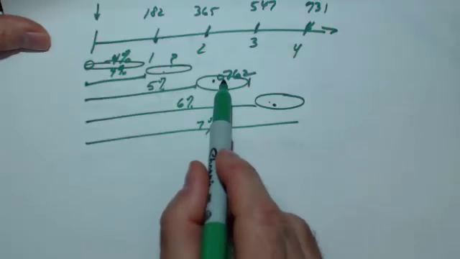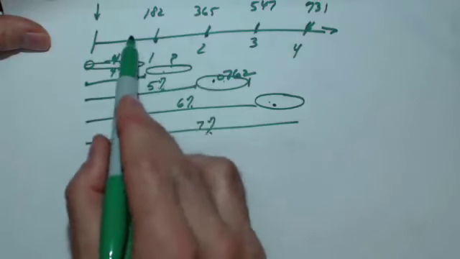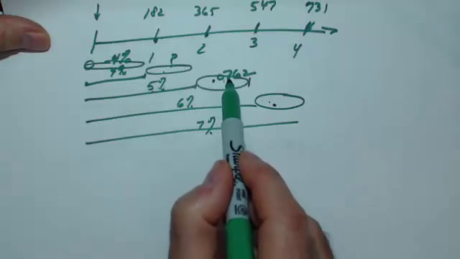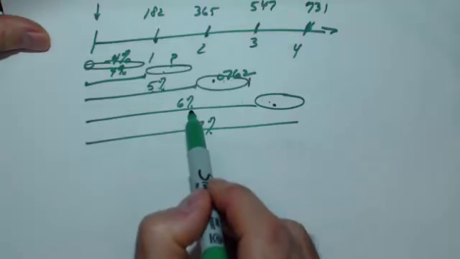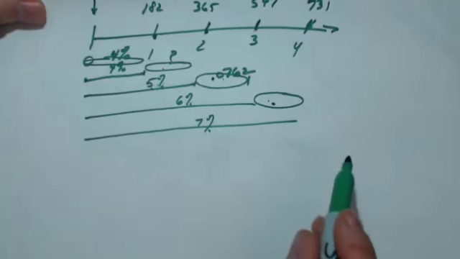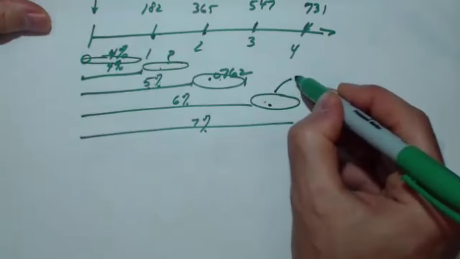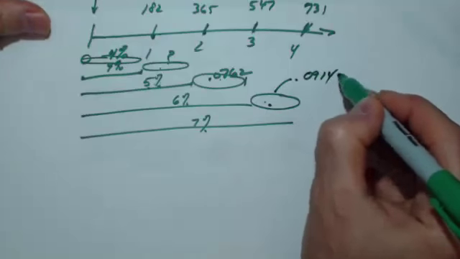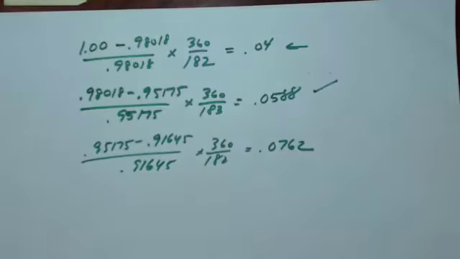On average, when you adjust for the time period, this would be 2/3 basically at 5% and 1/3 at 7%. You would average out to be 6%. And if you calculate it on your own, this number should be 0.0914. Okay, so now we have our forward rates.